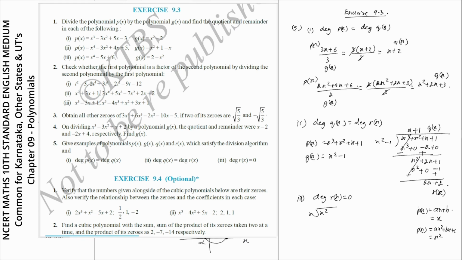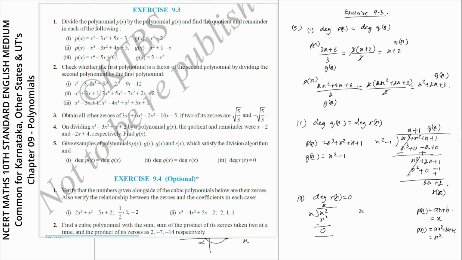So what will I get? x into x is x square, so I'll get 0. So the remainder is 0. Remainder is 0 means even the degree of the remainder is 0. So here the dividend is x square, the divisor is x, and the quotient is x.